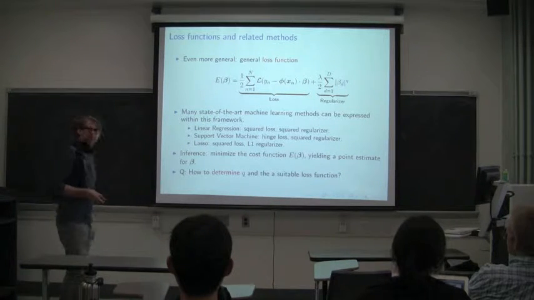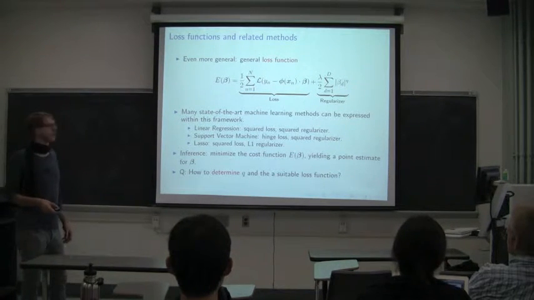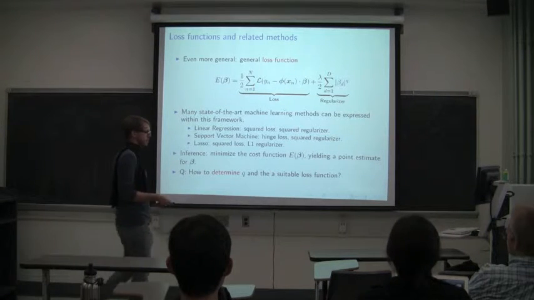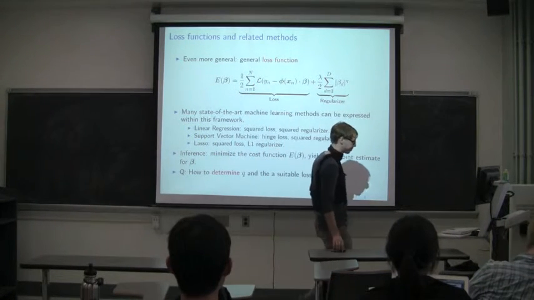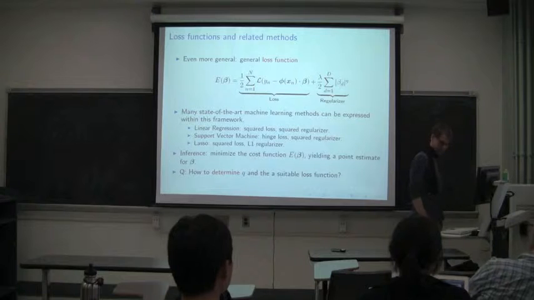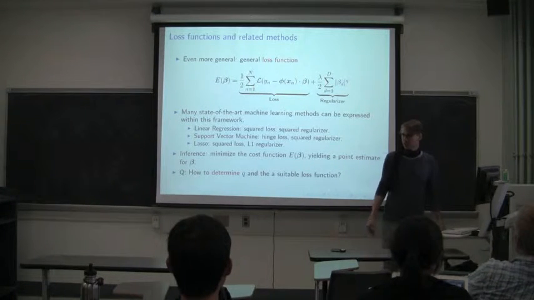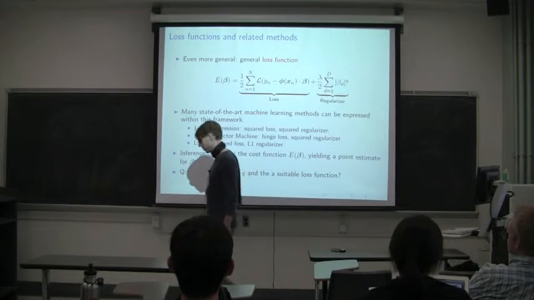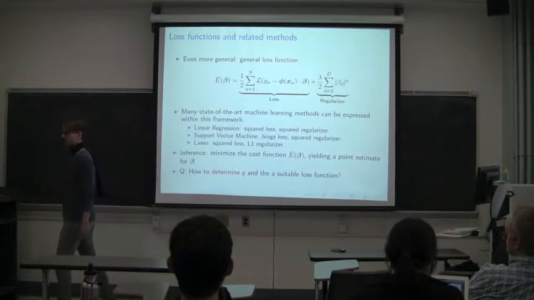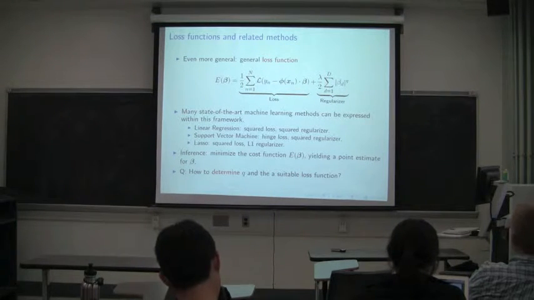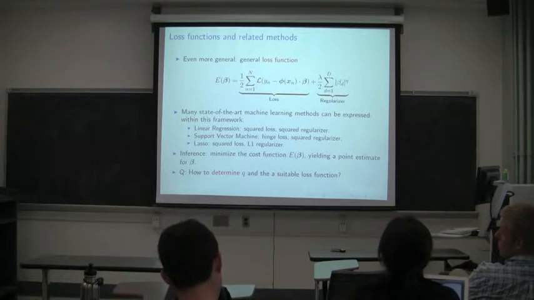Question: what do you mean by hinge loss? Okay, support vector machines look at classification. So the output is 0 or 1, right?